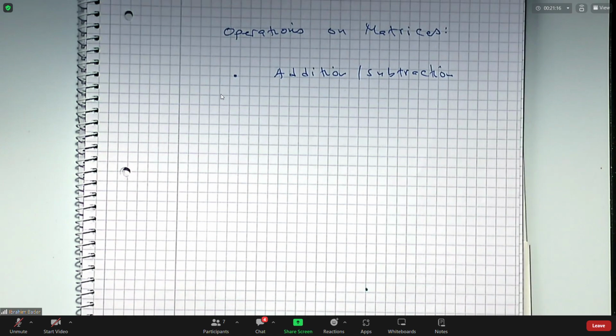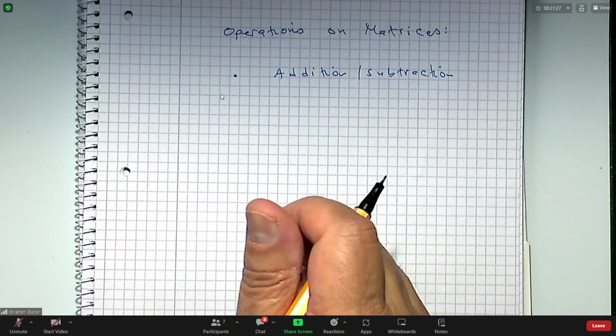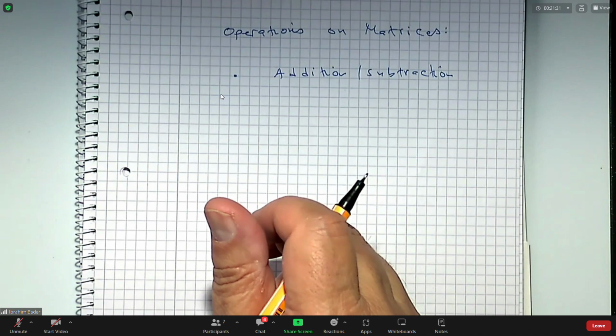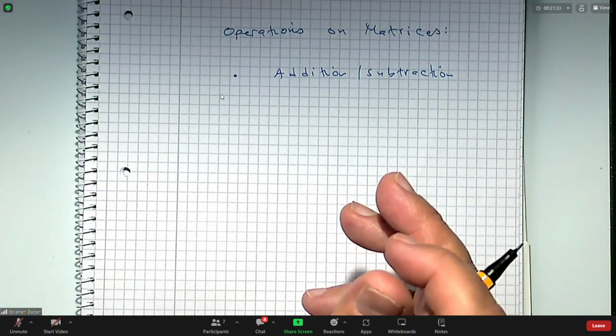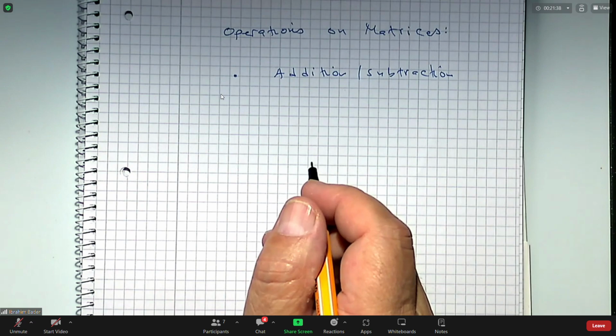And when we talk about operations on matrices, as I mentioned, they are not always defined. Not like numbers. When I tell you 3 plus 5 or 3 times 5 or whatever, you will not think about whether it's defined or not. It's guaranteed that there is a result. However, when we talk about matrices, the operations are not always defined.